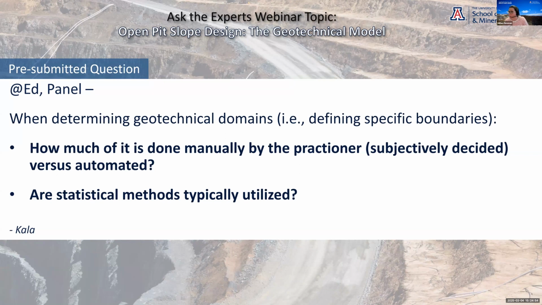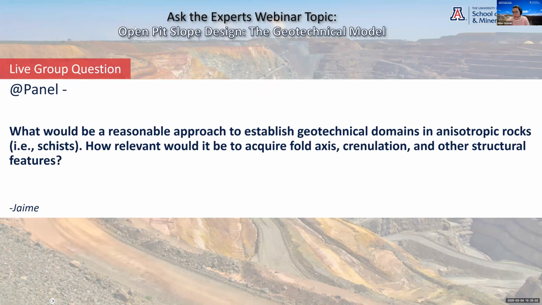I'm going to next pull up a question from our live group, keeping us in the general topic. And since I've called on Ed so many times already, maybe Andrew, if you wouldn't mind starting with this one. I think this might also relate a bit to your presentation where you were talking about design domains and/or sectors.